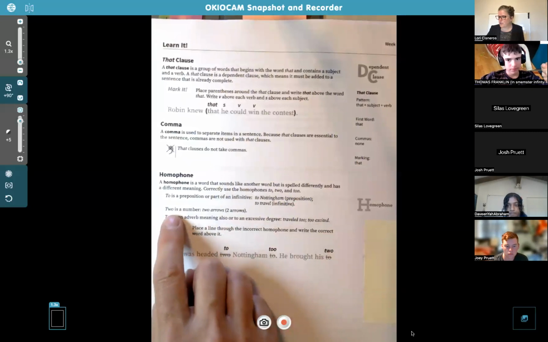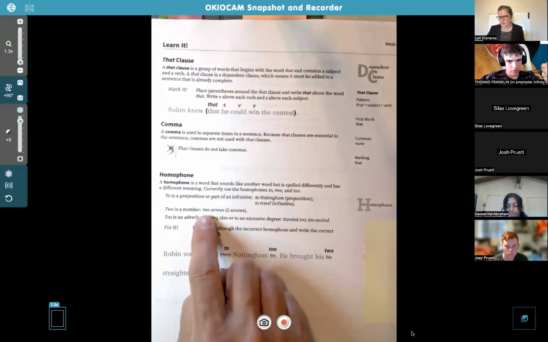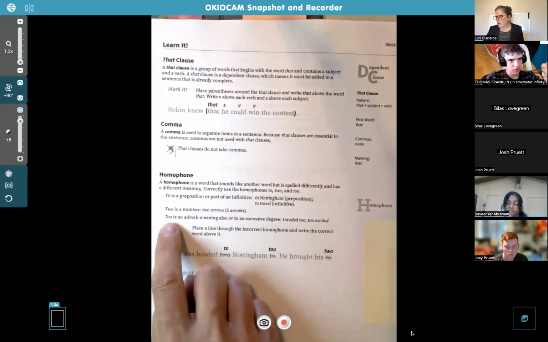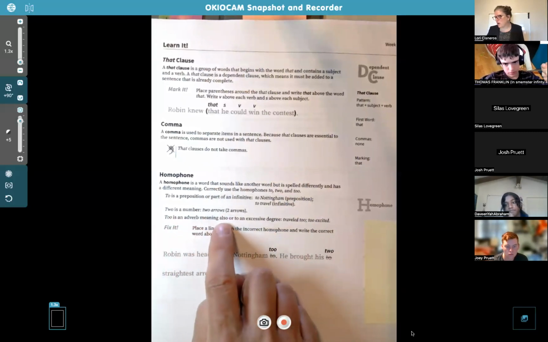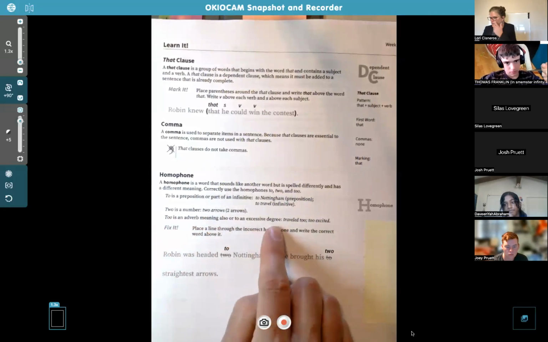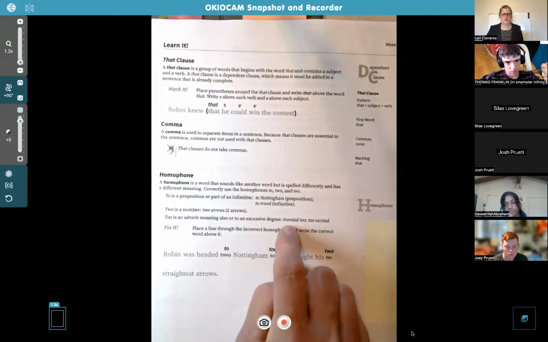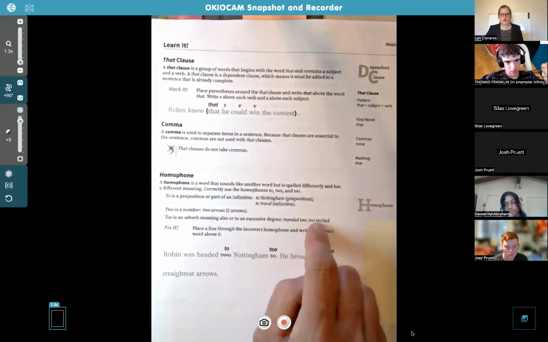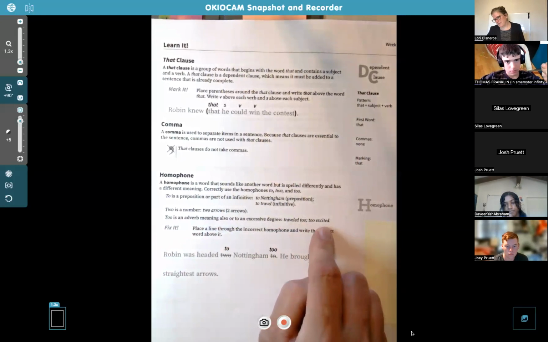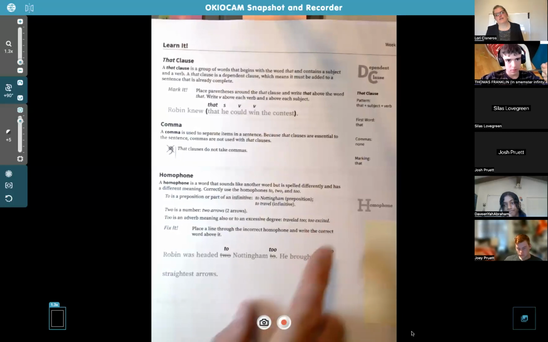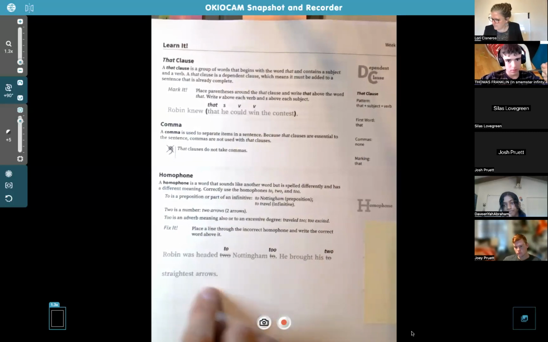And two is a number, obviously, two arrows. And too is an adverb meaning also or to an excessive degree, like my sister traveled too, or I'm too excited because I'm going to Disneyland today. I'm not, but I would be if I was. But too excited, like overly excited.